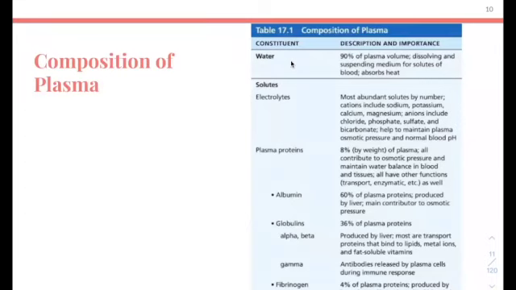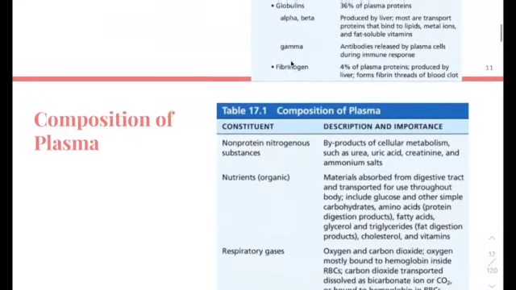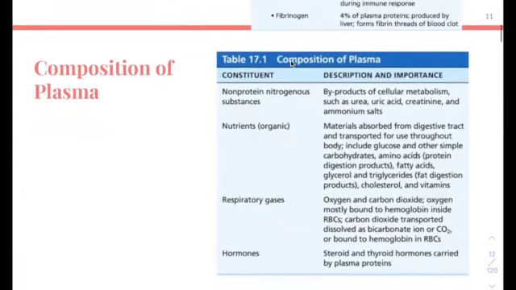We have plasma proteins, which are albumin, globulins, gamma, and we have fibrinogen, which is another plasma protein that helps provide the fibrins for blood clots. We also have what are called non-protein nitrogenous substances, such as urea, uric acid, creatinine, and ammonium salts.